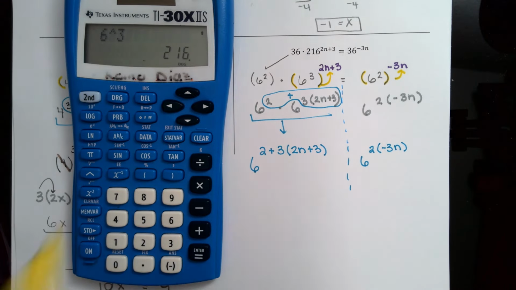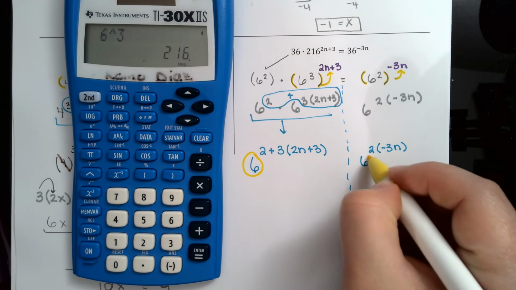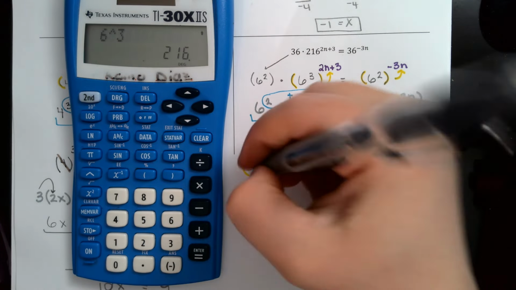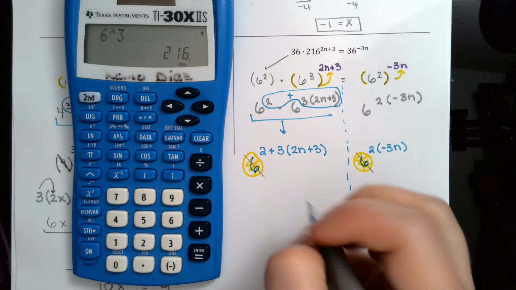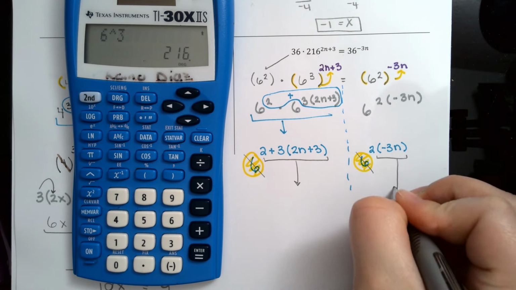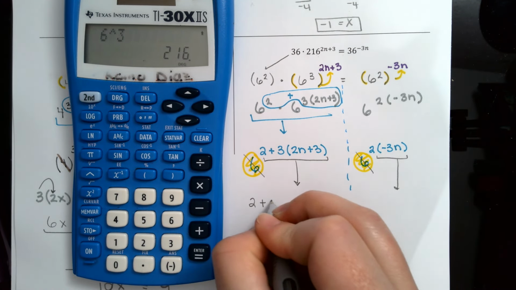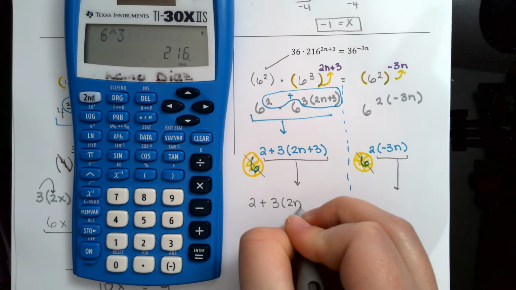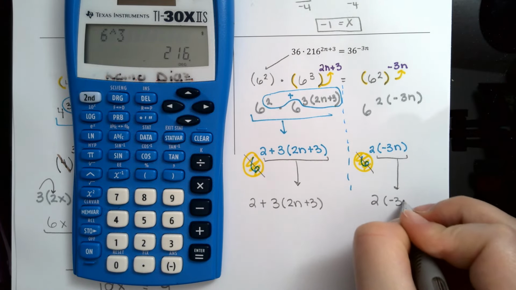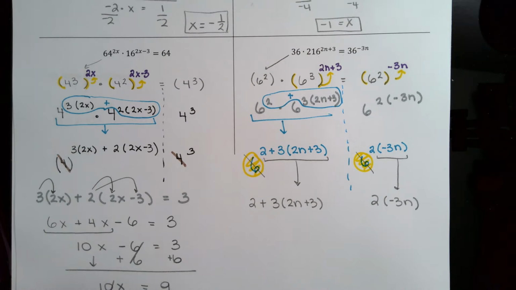Now we have one 6 on each side. So here's your one-to-one property. And that allows us to remove our base of 6, bringing down our exponents. 2 plus 3, open 2n plus 3, close it, equals 2, open negative 3n, close it.